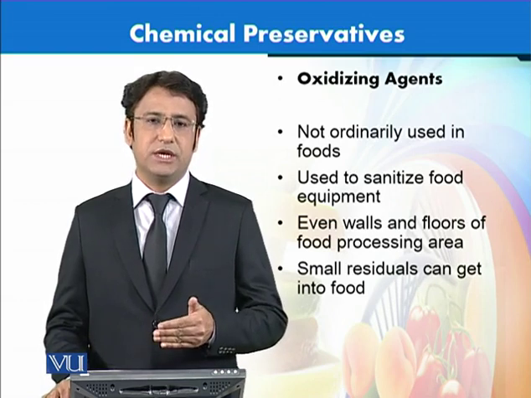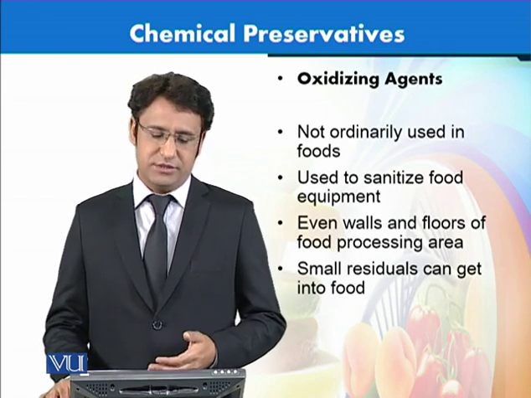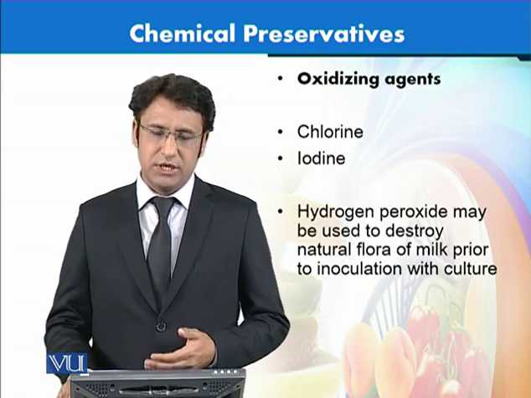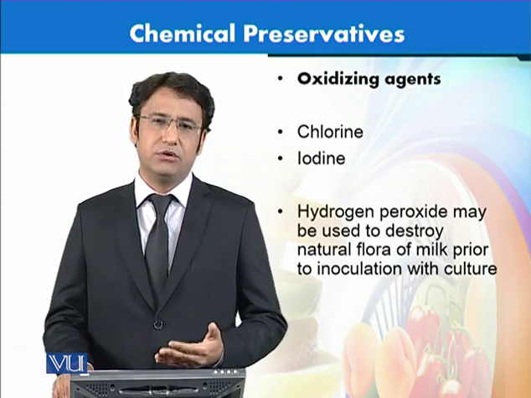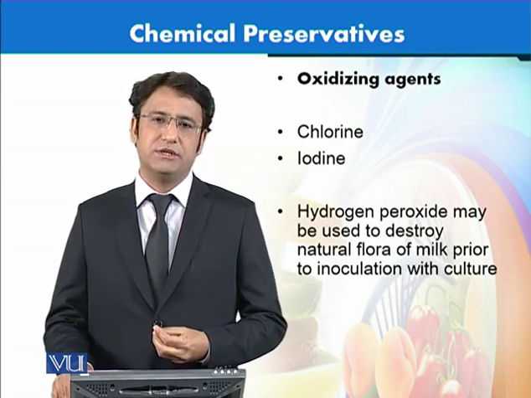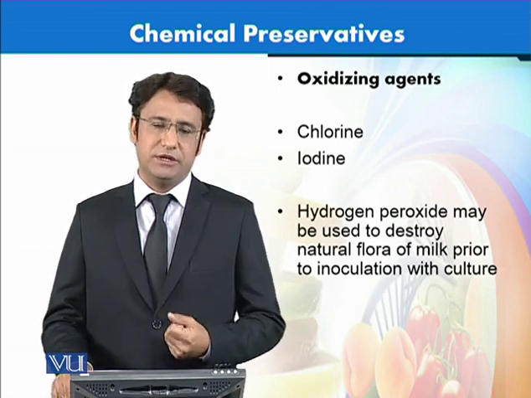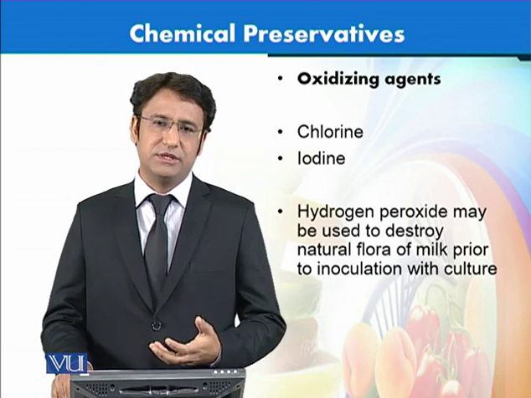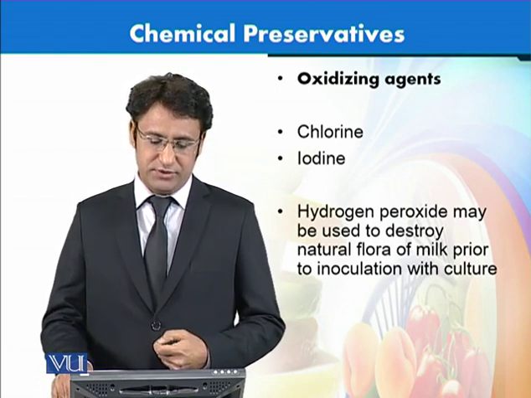If these residues get into food, then it is very serious. Examples of commonly used oxidizing agents are chlorine, which is also used in domestic water, especially municipal water, to disinfect it. And iodine is also used; this is another disinfectant.